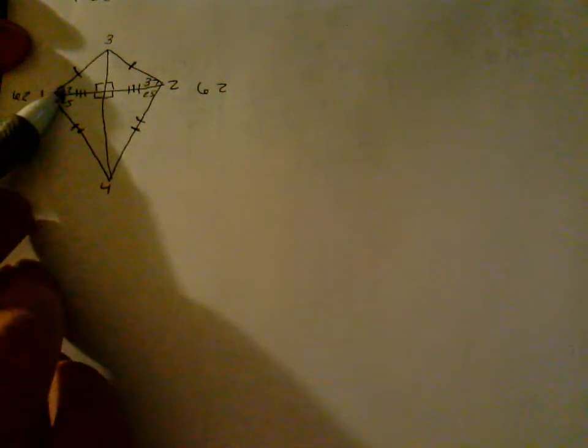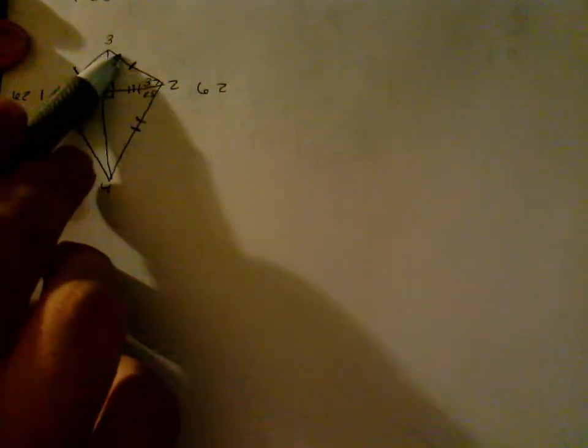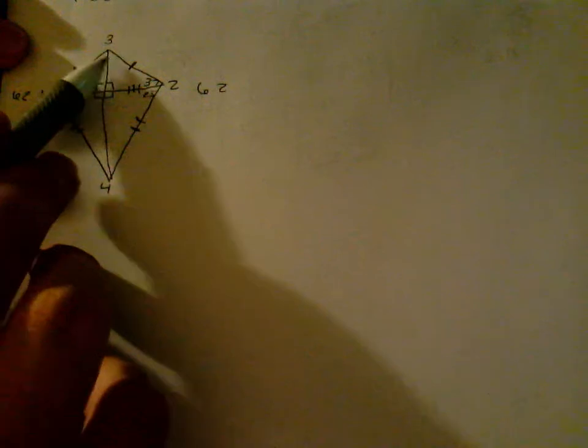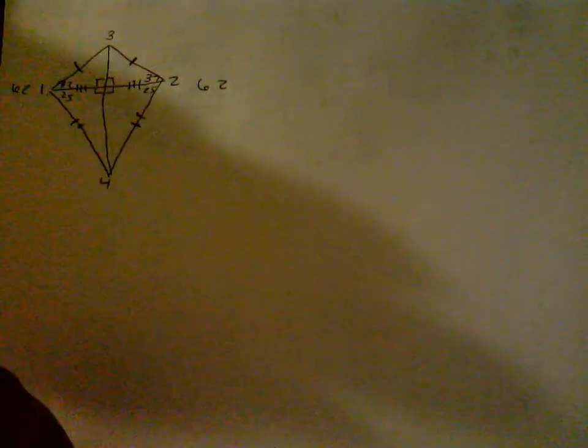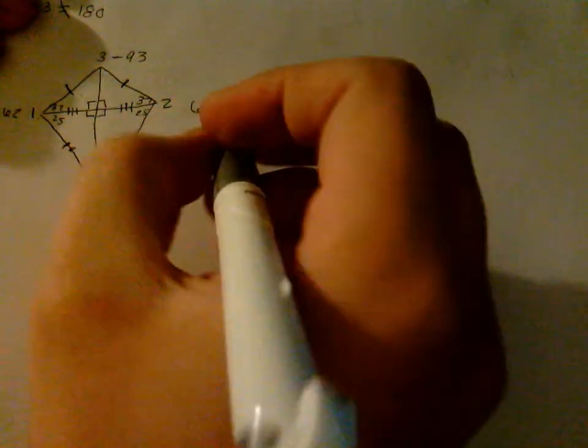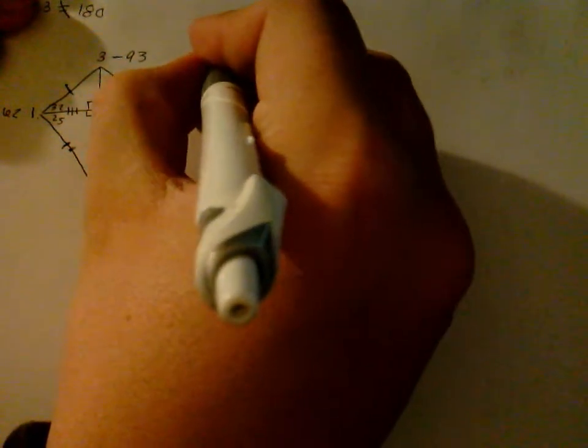So if I gave you this angle, and I gave you this entire angle up here, you should be able to find this last angle down here by just doing normal subtraction. Think of it like this: let's say angle 3 was, I don't know, 93. We know that angle 1, angle 2, and angle 3 should all add up to 360, because this is a four-sided figure.